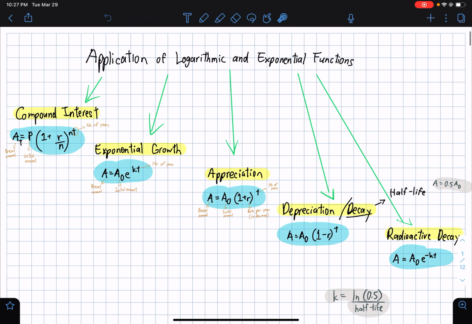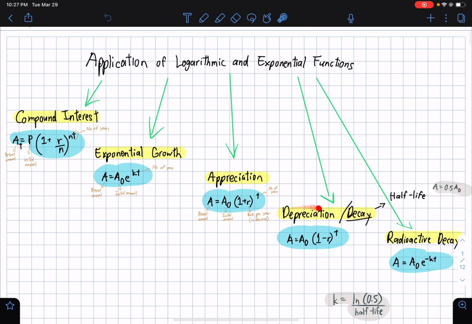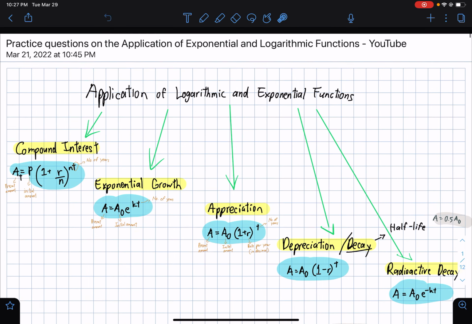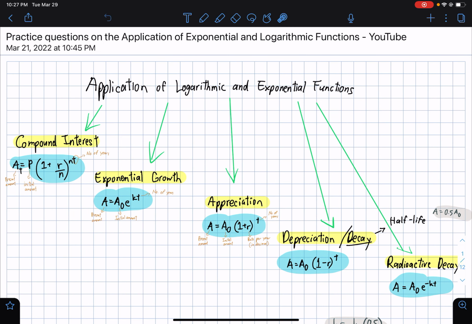So just so you know, in every formula, the T stands for time. It could be in days, hours, minutes, years, months. It really depends on the problem statement.